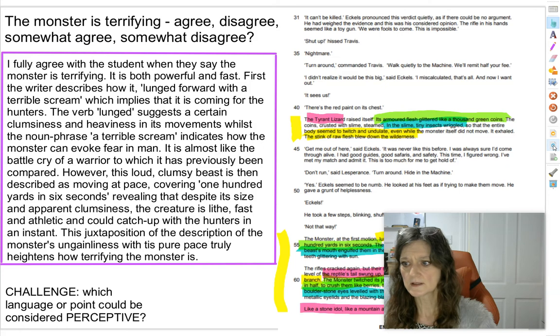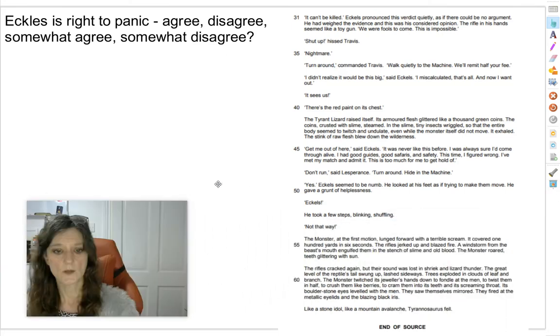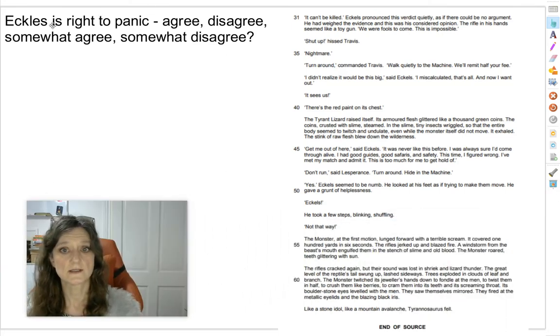Right, let's have a little look at the second part of the statement now. Eccles is right to panic. So again, do you agree or disagree that he's right to panic? Pause the video for a moment and find the bits where we see Eccles panicking and think about, well, is he right to panic?